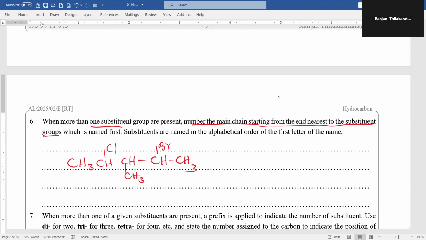Write the name of this compound now, and send me the name.